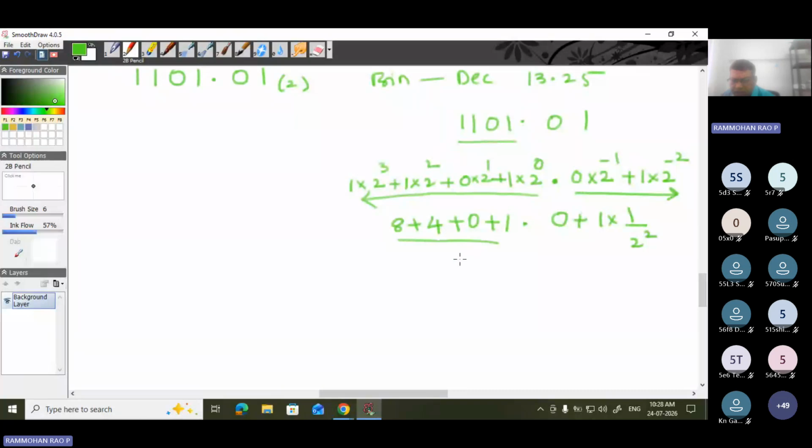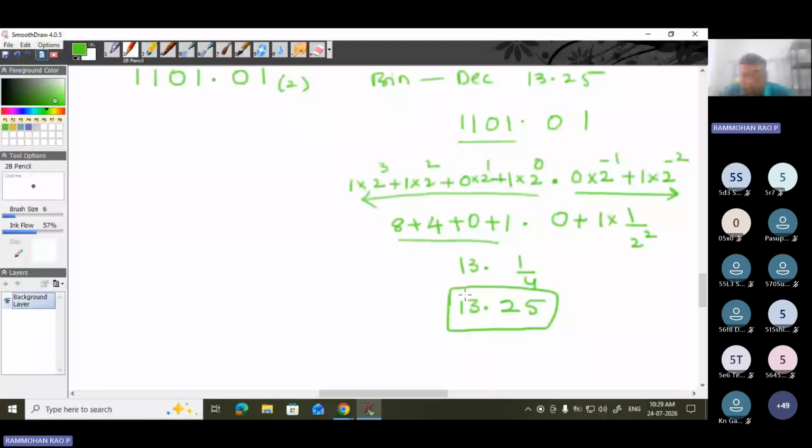So when I add all these things, it is 13 point, this 0 is anyhow gone, 1 into 1 by 4. 1 by 4 means 0.25. So 13.25. I got my decimal number back properly. So I have done binary to decimal, and I have confirmed that my decimal to binary conversion is correct.